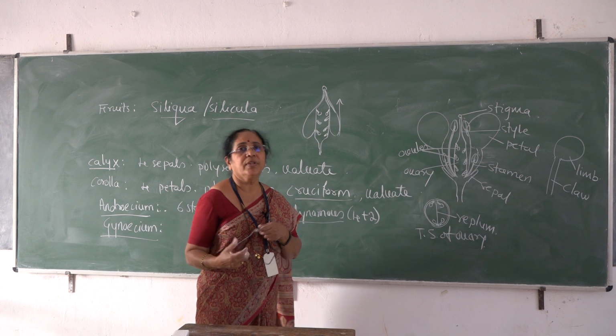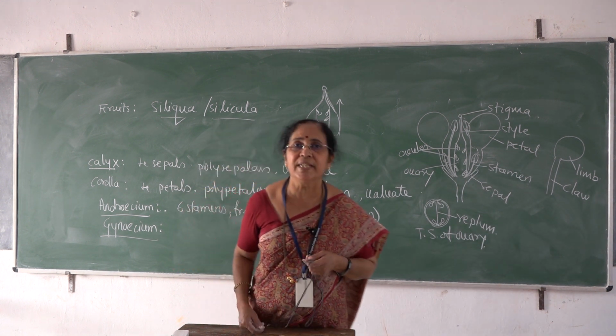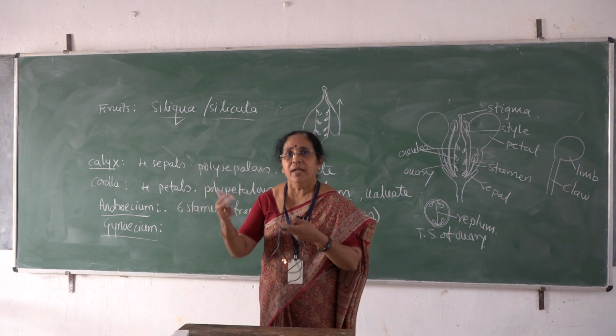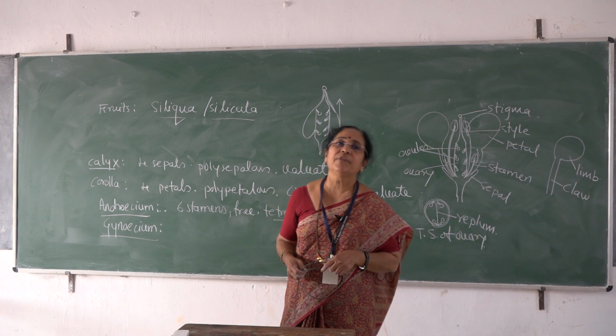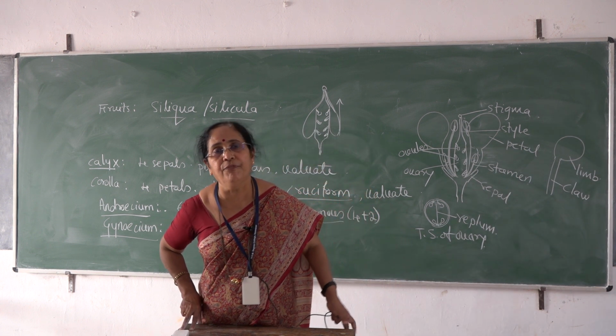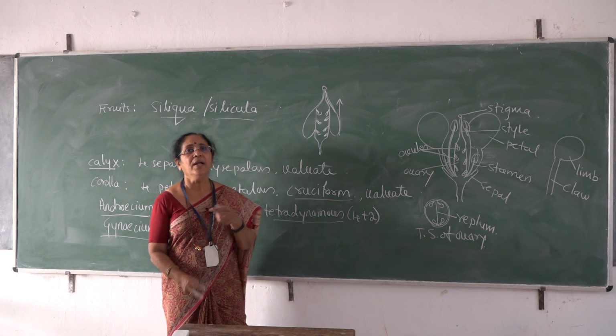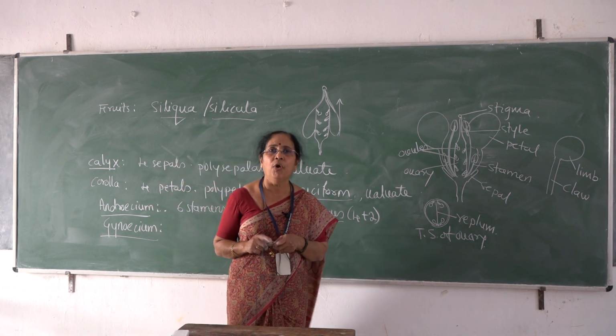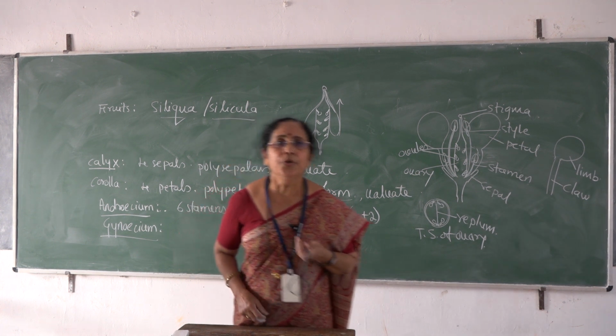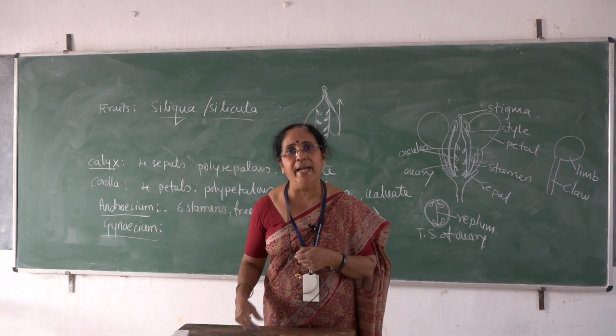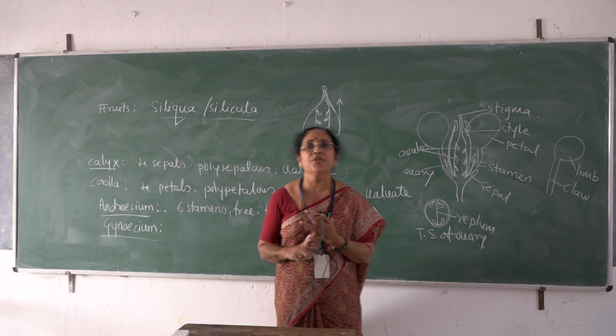Now we can list out the important features of family Brassicaceae. Number one character for the family is the presence of sulfur. The plants are annual herbs or herbaceous in nature, having a characteristic pungent odor due to the presence of sulfur as volatile oil. That is the important character of the family.